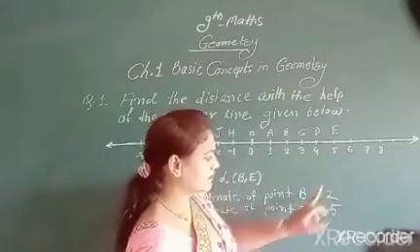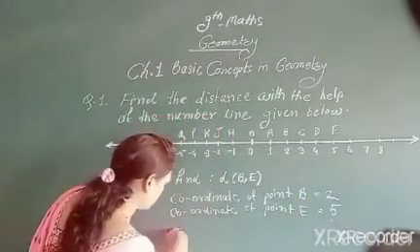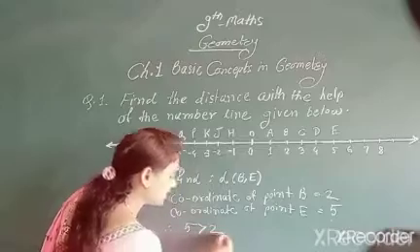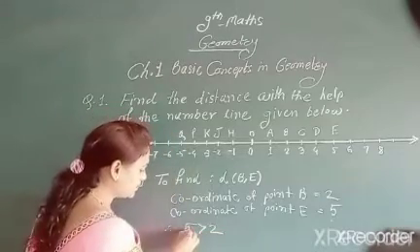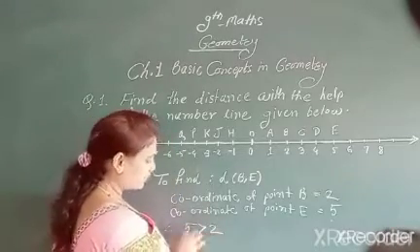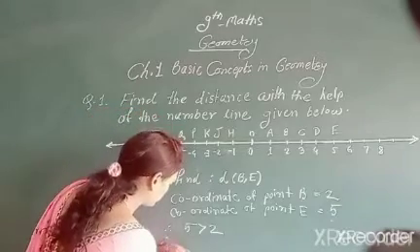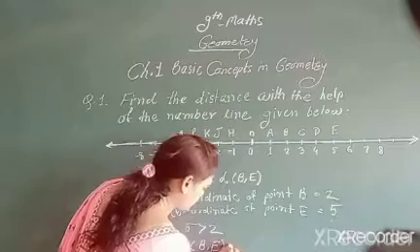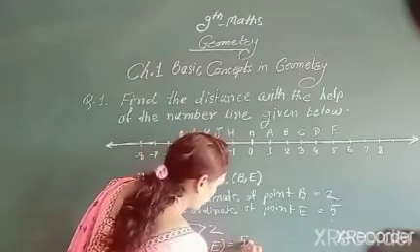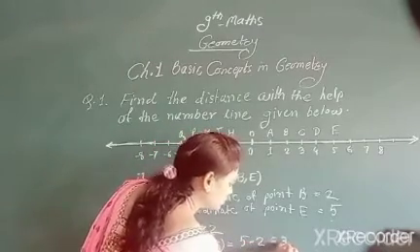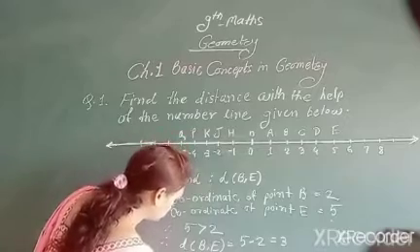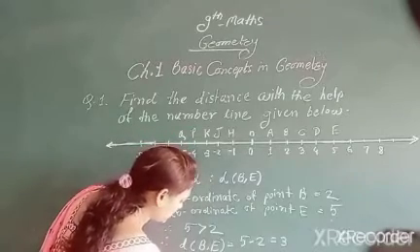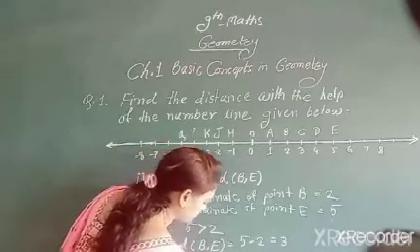Here 5 is greater than 2. Therefore, subtracting the smaller coordinate from the greater coordinate, the distance BE is equal to 5 minus 2, that is equal to 3. Therefore the distance BE is equal to 3.